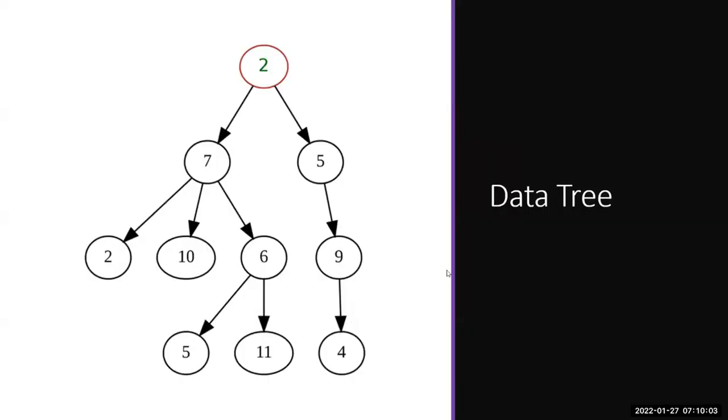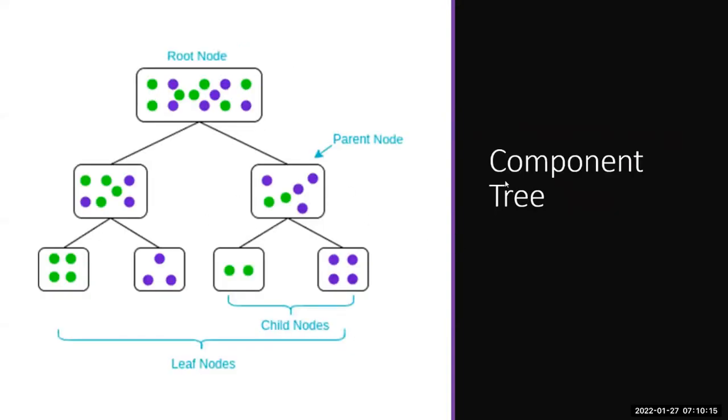Okay, type of tree, you have data tree. Data tree is you organize the data in a tree. That's called data tree. So usually you may have binary tree, you may have data tree, and that represents it. You can have a component tree. Component tree means your top level graph is like this, but you do have a component inside here. So that actually clears it.